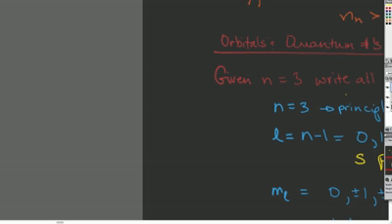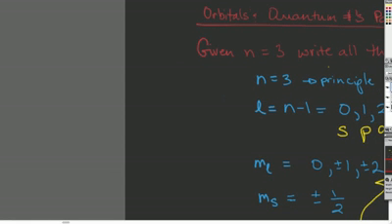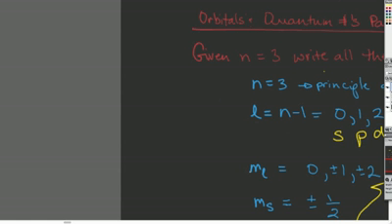When dealing with quantum numbers, make sure you know the restrictions, like L can never be greater than or equal to N. M sub L also has to be smaller than the L values, plus or minus. Be able to convert from 4 quantum numbers to a given element, or given an element, go to the 4 quantum numbers. Okay?